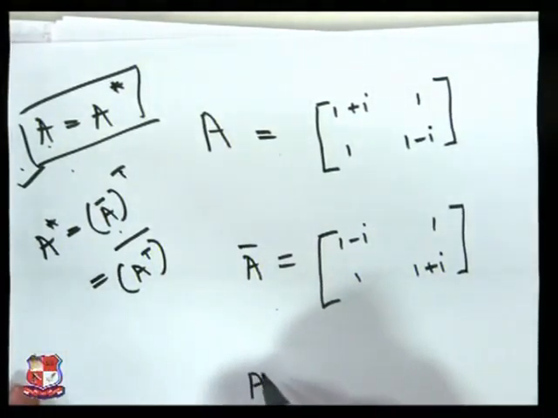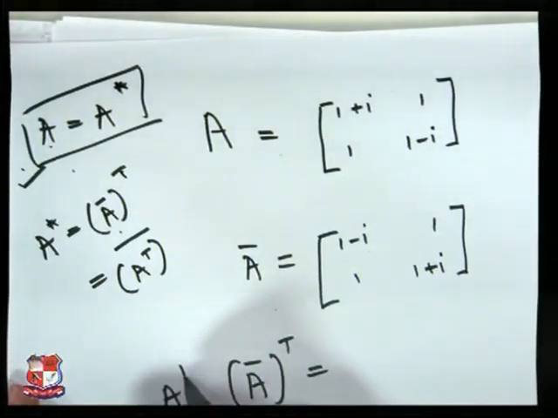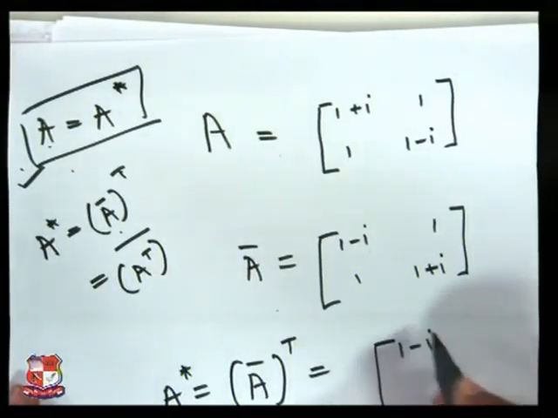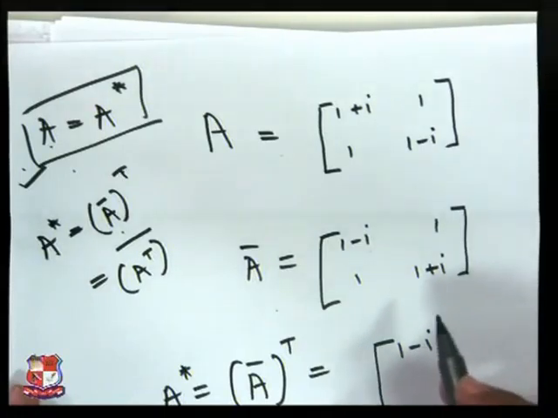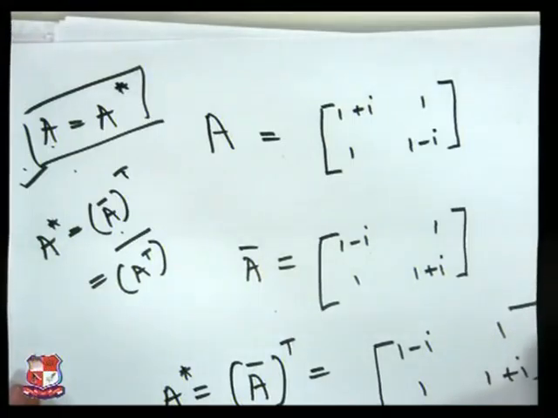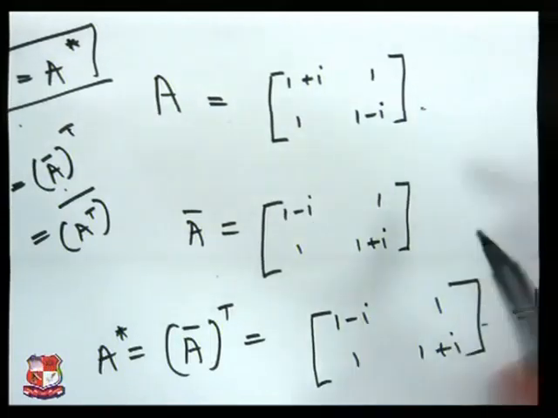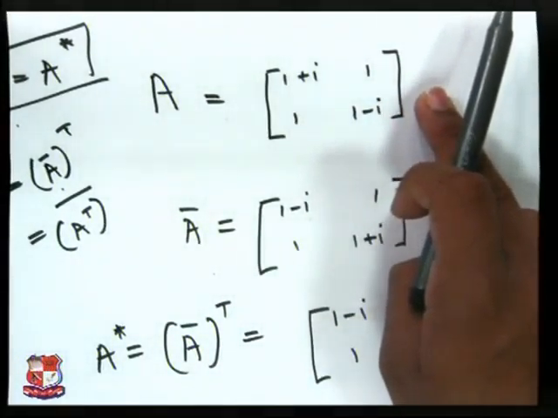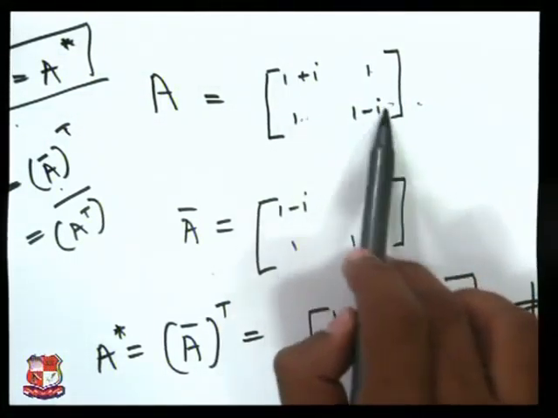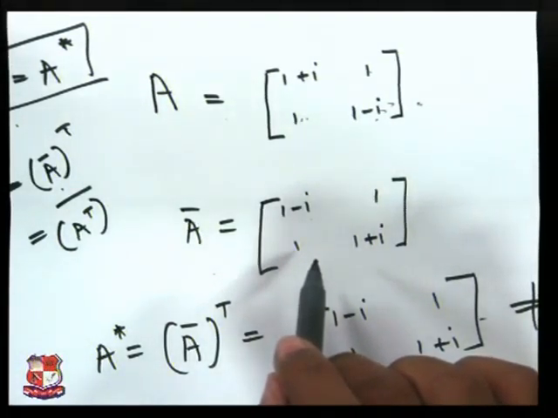Now we transpose, that is A star, that is [1-i, 1; 1, 1+i]. Now this is not equal to A, you can see these two matrices are not the same, so this matrix is not a Hermitian matrix. But if you take 1 plus i here and 1 minus i here and 1, 1 here, that matrix becomes Hermitian.